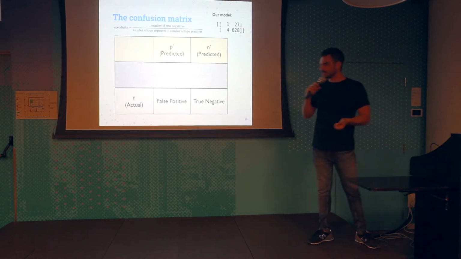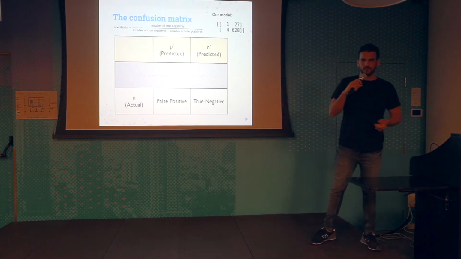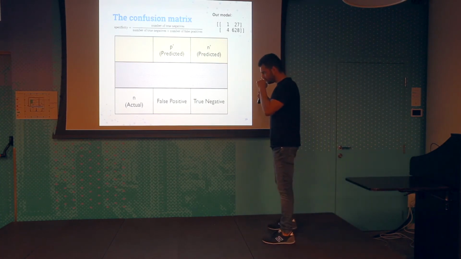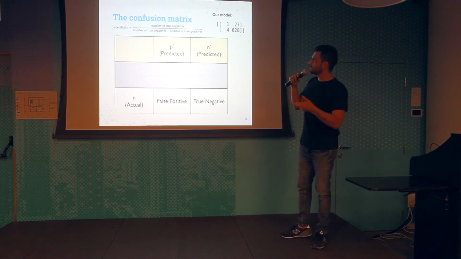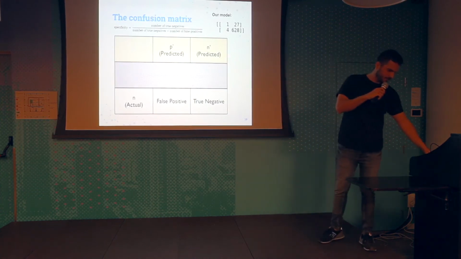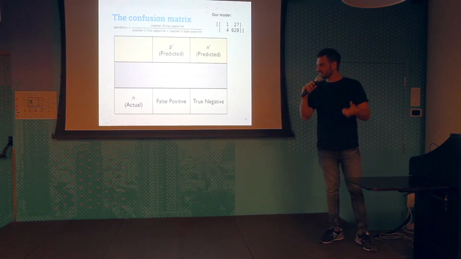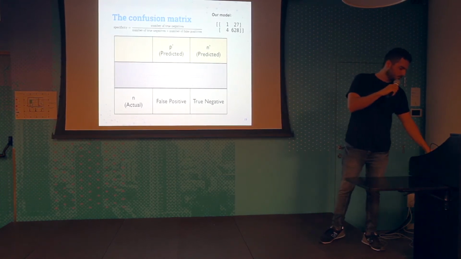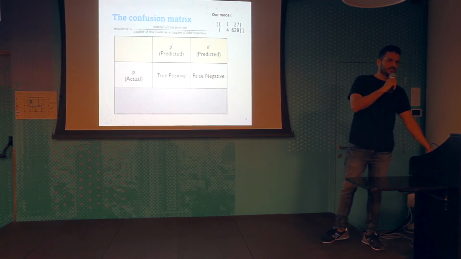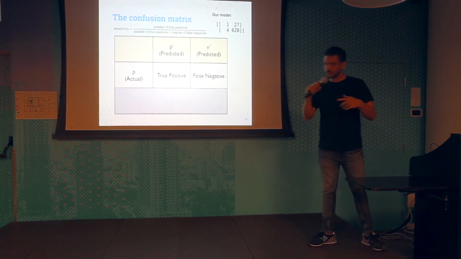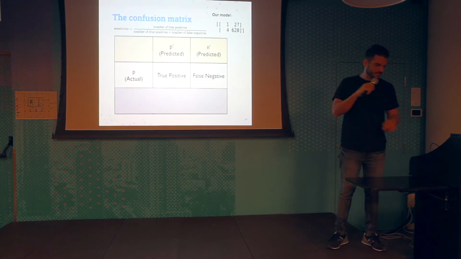Now we're going to look at something else, a ratio which captures the type of errors that we make. We're going to look at specificity, which means we take whatever is actually negative and divide it by all the negatives. And we're going to talk about sensitivity, which does the same thing for the positives.